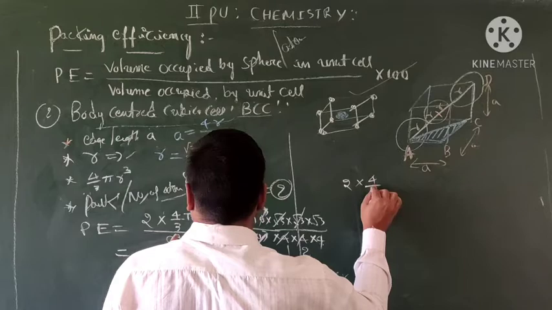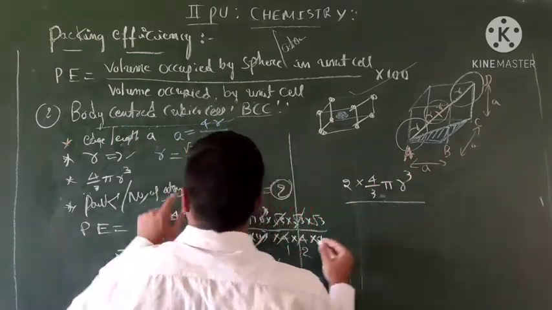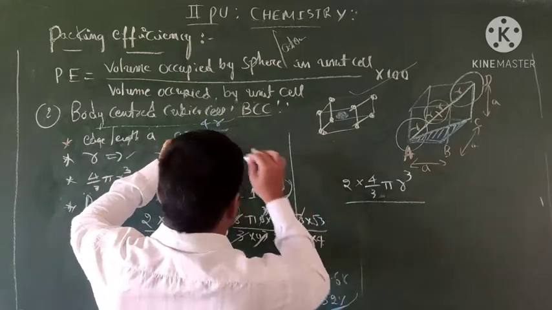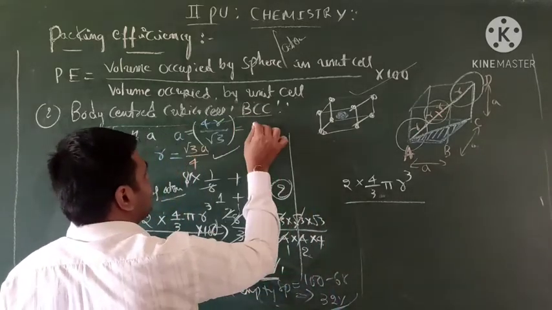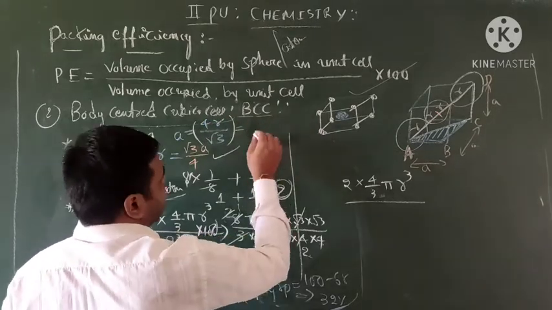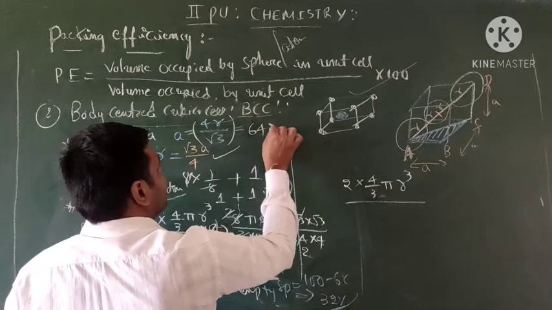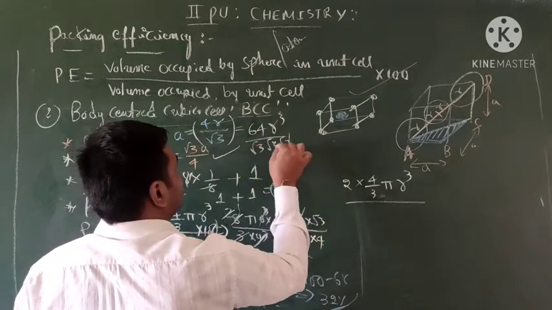2 into 4 by 3 pi R cube. A value is 4 R divided by root 3, so A cube is 4 into 4 into 4, that is 64 R cube divided by root 3 into root 3 into root 3. We can write it simply as 64 R cube divided by 3 root 3.